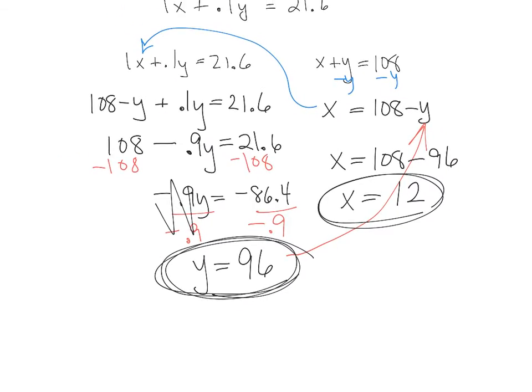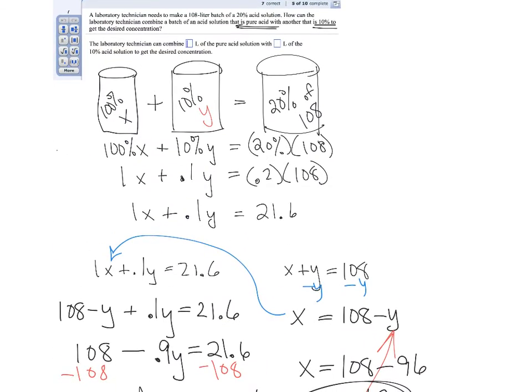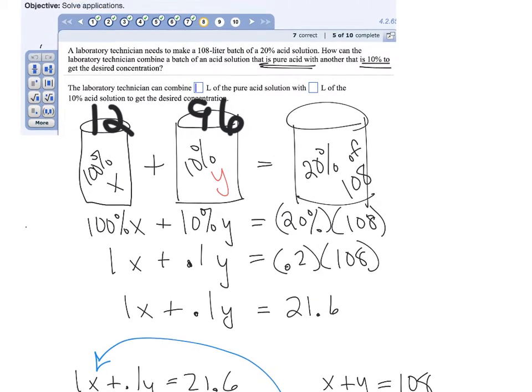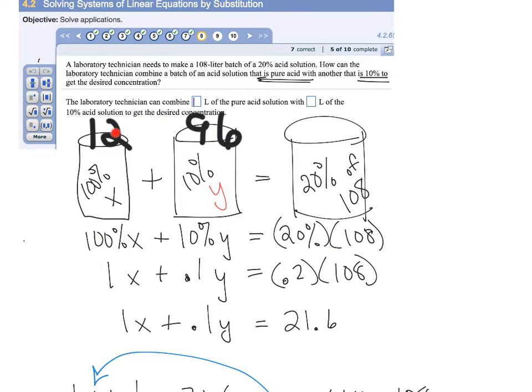Now what the heck does that mean? X is equal to 12, y is equal to 96. So what that means is we need 12 liters of the pure acid added to 96 liters of the 10% acid in order for it to balance out to equal 108 liters.